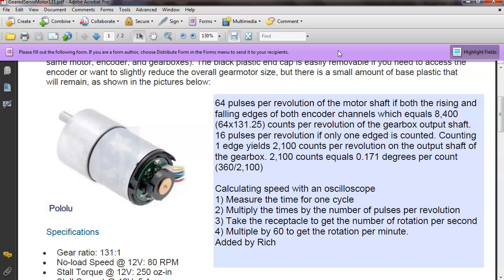Measure the time for one cycle, right? Multiply the times by the number of pulses per revolution. Okay. Take the reciprocal of the number, right? Which turns it into what? Reciprocal.